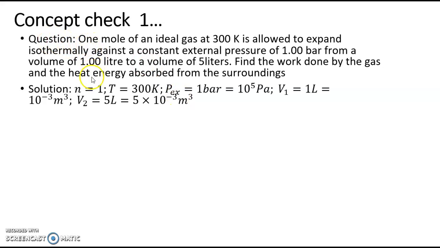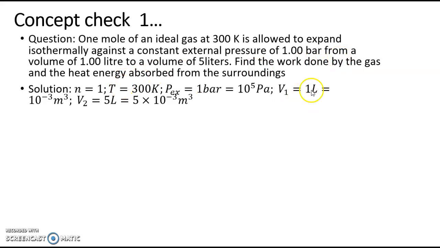So the question is 1 mole, which means n equals 1, of an ideal gas at 300 Kelvin, T equals 300 Kelvin, is allowed to expand isothermally, which means delta T equals 0, against a constant external pressure of 1 bar. Conversion factor: 1 bar is 10 to the 5 Pascal.